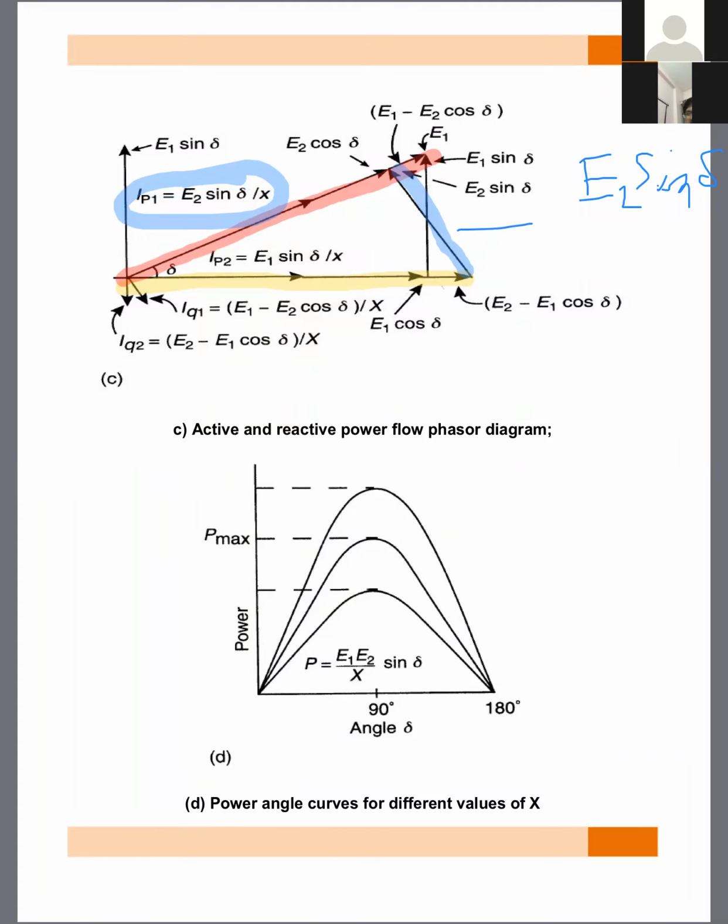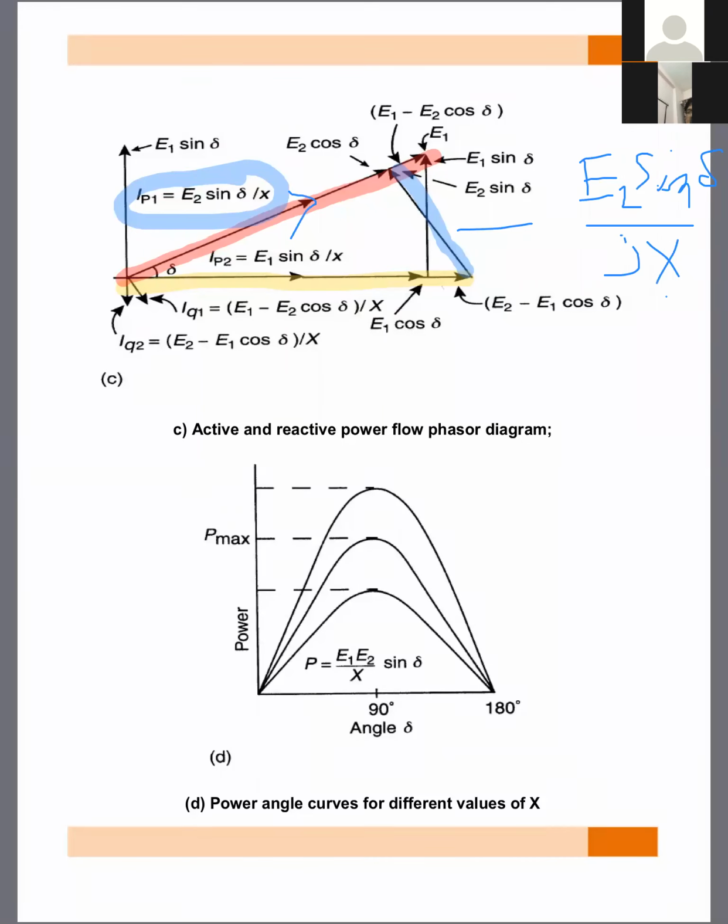Divided by Jx, it gives rise to a current, which lags by 90 degrees. So this phase current IP1 is given by E2 sin delta by X.